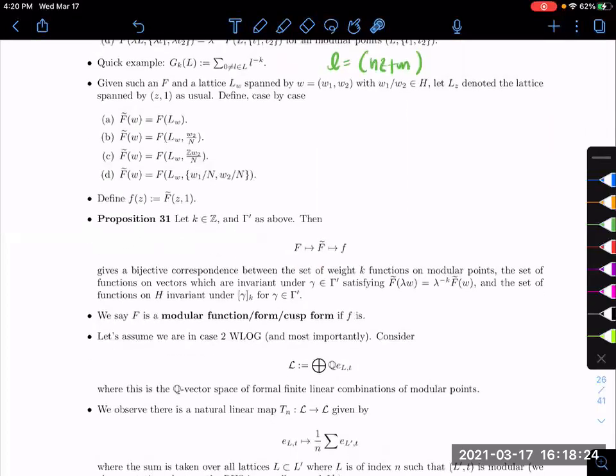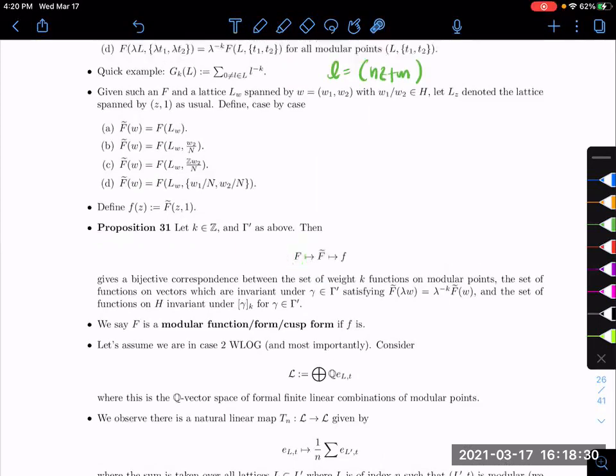And it turns out this is a bijective correspondence between 3 different sets. The first set on the left here is all the weight k functions on modular points, and we just defined what that meant above. The second set corresponds to this middle thing in the map here, this f tilde. These are really functions on vectors, right?